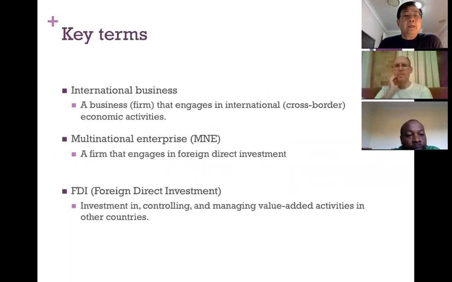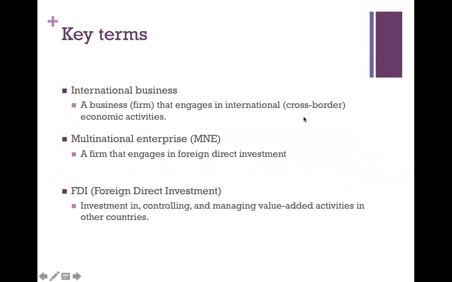Okay. All right, so this is what we mean by international business, which is basically about a firm that engages in international or cross-border economic activities. So when it comes to international business strategies, we are looking at firms engaging in cross-border economic activities.